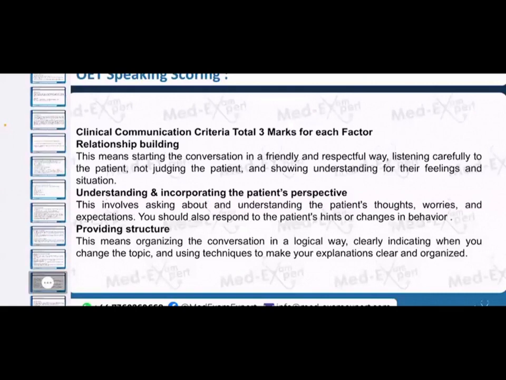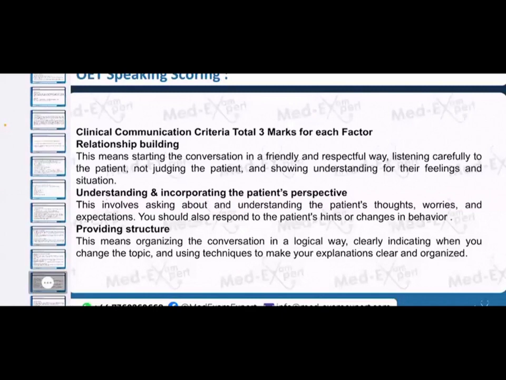In that way, you must build some kind of trust between you and your patient. In this way, your relationship will be built. So examiners are going to assess this as well, like how good you are at building a relationship with your patient.